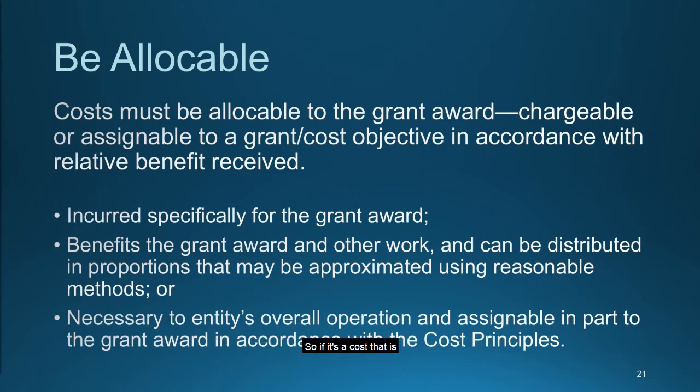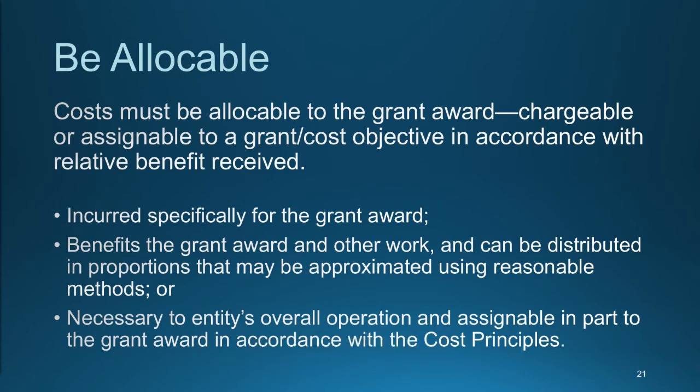So if it's a cost that is benefiting multiple grant awards and you charge it only to the AEL grant award, that's a question of allocability. Was it charged in accordance with relative benefit received? In that case, on the surface, it sounds like it would not be, that the grant was overcharged because it's also benefiting another grant award. So those would be questions of direct costs.